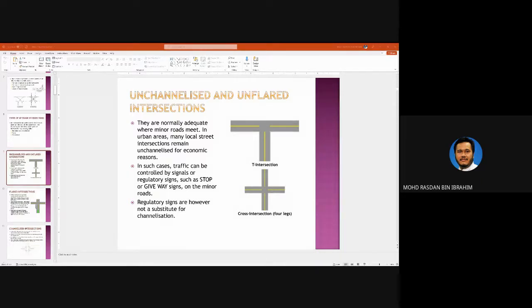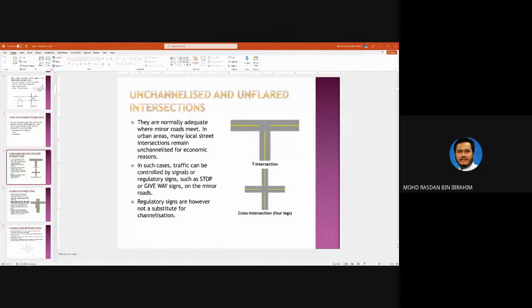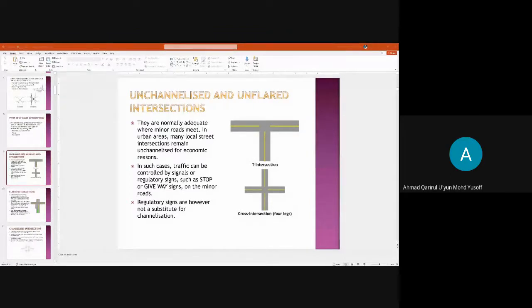In terms of volume, why do you need specific volume before you are warranted to install traffic signals at an intersection? At an intersection. Anybody can answer me? Economic reasons? No. Why do you need to achieve a certain volume of movement before you are warranted to install traffic signal?